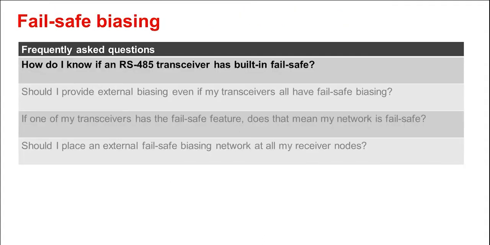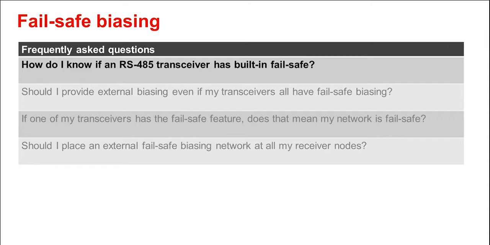So how can you tell an RS-485 transceiver has a built-in failsafe? There are two ways this can be checked. The first way is to just check the front of the datasheet. This is typically a feature on the front. The second way is the electrical parameter V input threshold, plus and minus, can be checked. A transceiver with failsafe biasing typically will not center the threshold values around 0 volts.